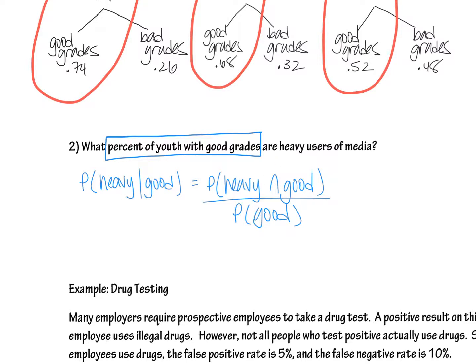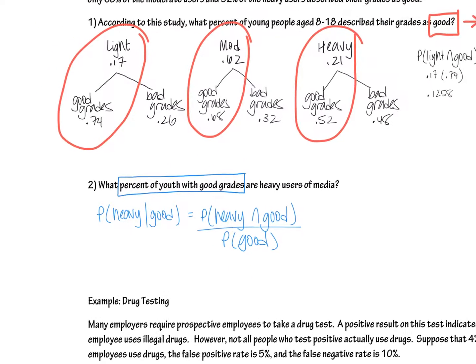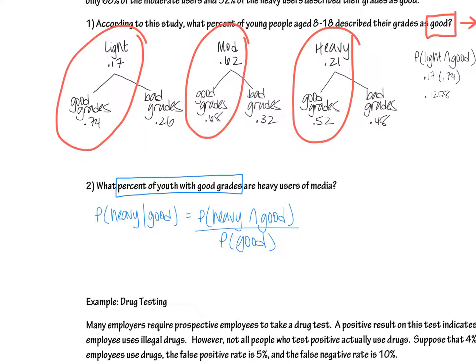So heavy and good, which is something that I calculated earlier. And what I can do here is look at heavy and good, and I would multiply those two numbers together, and that's what would go on top. But remember my divisor, this probability of good, is right here. It's kind of like a division bar. That's how I remember it, that the good goes down here at the bottom. That's actually the question that was asked up here.